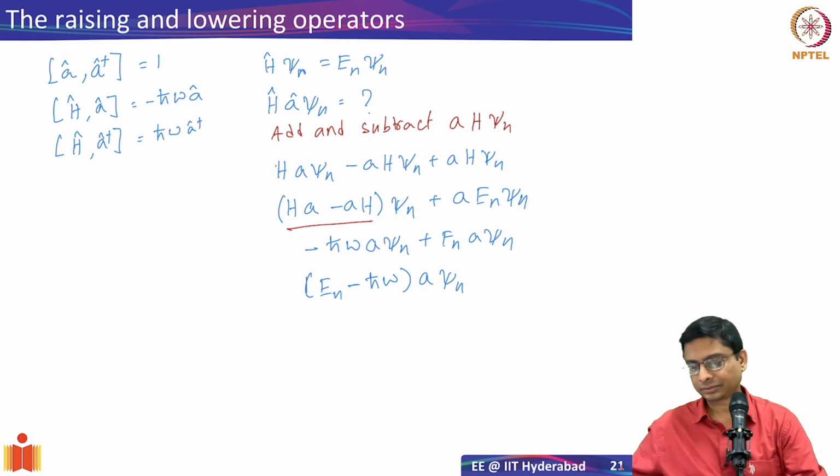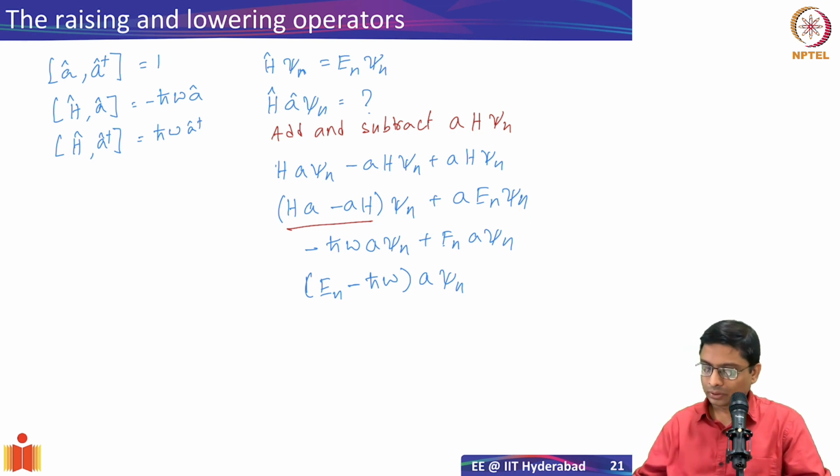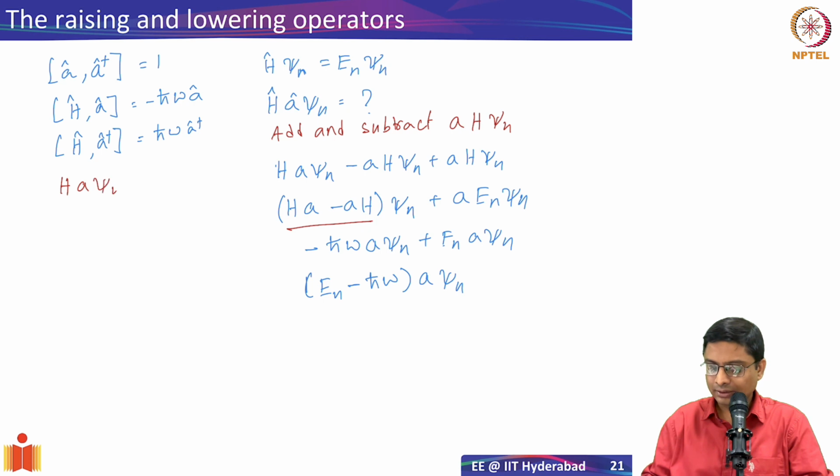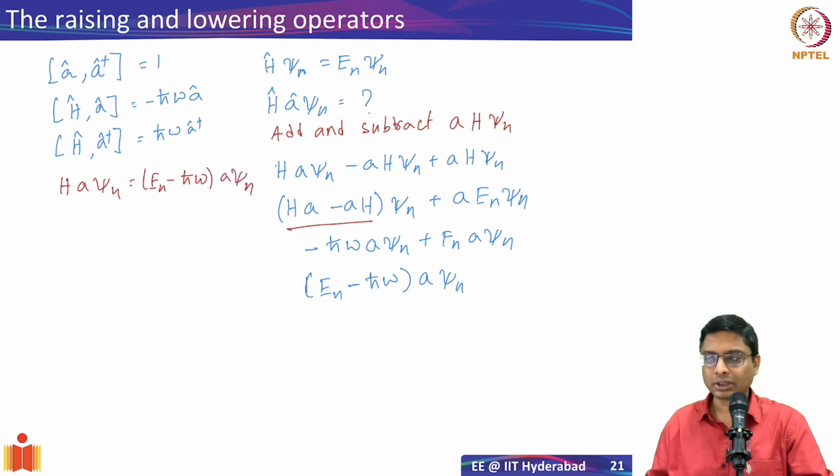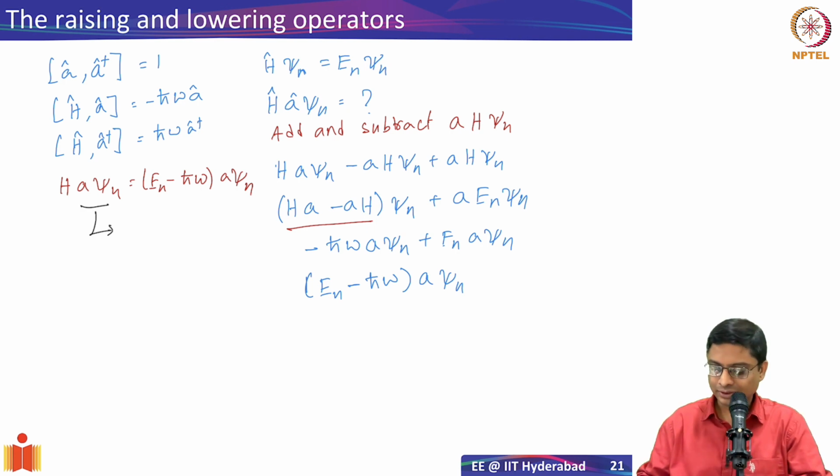So what we find is that h A psi n is equal to En minus h cross omega times A psi n.